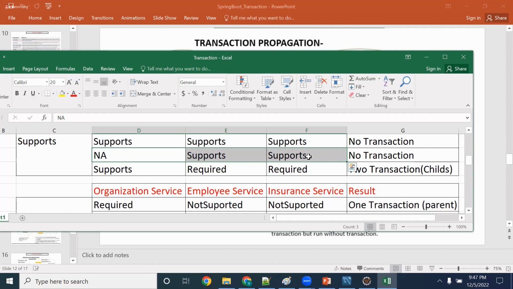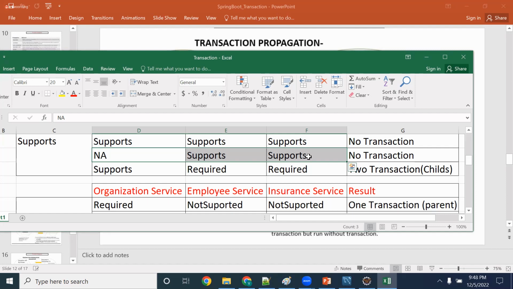With org level NA, insurance level supports, employee level supports, there is no transaction at all. With supports at the parent none, and required at the child, required is going to create, right? So employee level one transaction and insurance level one transaction. So this is a matrix with respect to supports.